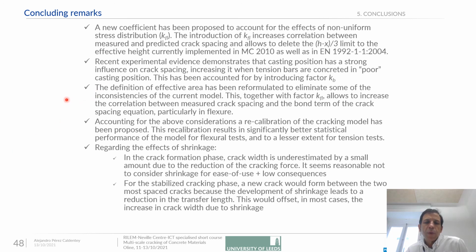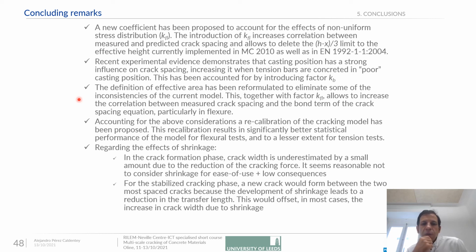We have proposed a new definition of the effective area to eliminate some of the inconsistencies of the current model. And this, together with factor KFL, allows to increase the correlation between the measured crack spacing and the bond term of the crack spacing equation. And this is so particularly in flexure.